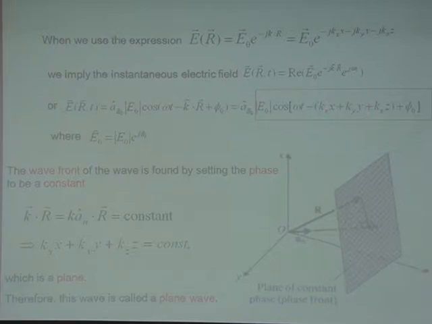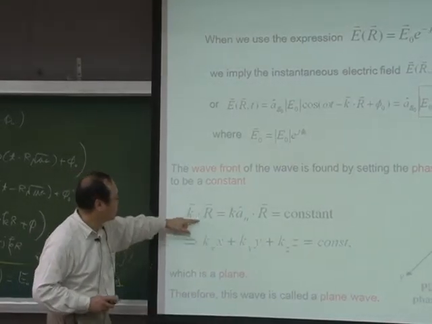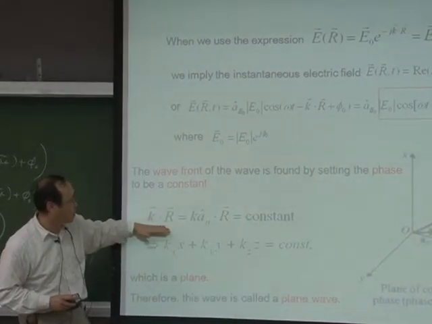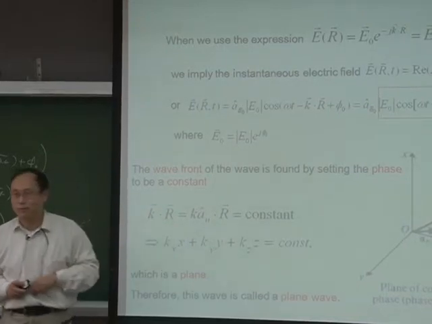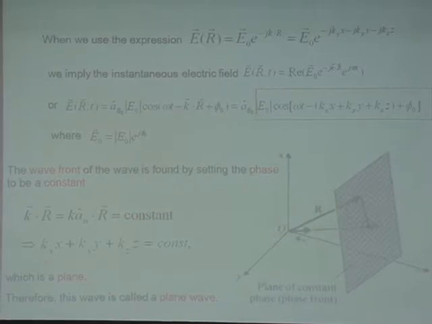When you take a photograph, you are setting t to be a constant value. So with t a constant value and a constant phase, you are looking at a constant value for k dot r. So when you look at the wave at any time point, k dot r is a constant.